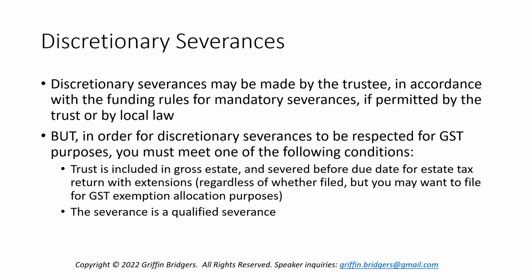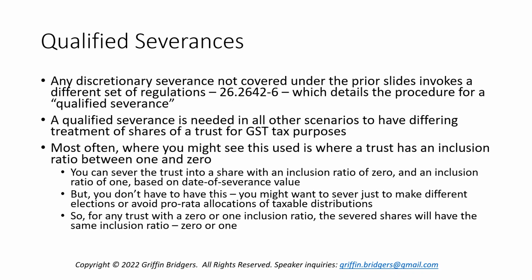So what is a qualified severance? Well, a qualified severance is going to apply in any situation where you're dividing based on the trustee's discretion and the trust assets are not included in the gross estate of the transferor and aren't being severed due to the transferor's death. So these new regulations are going to have a number of requirements for qualified severances, the second set of regulations, I should say.